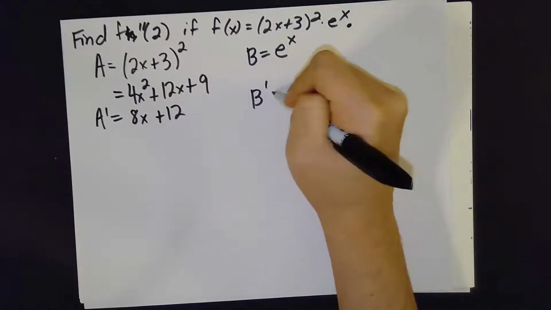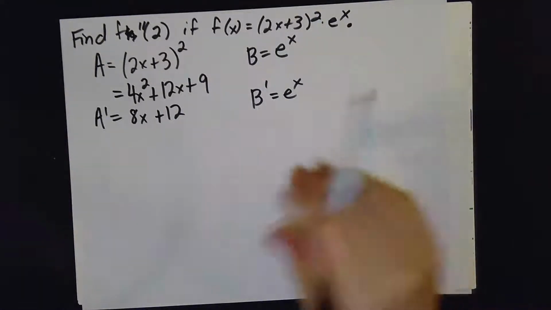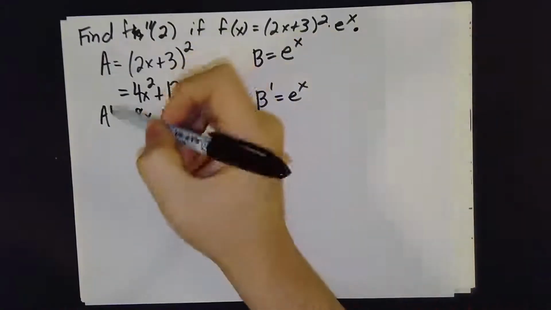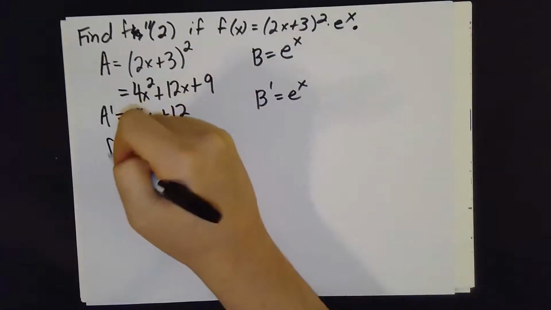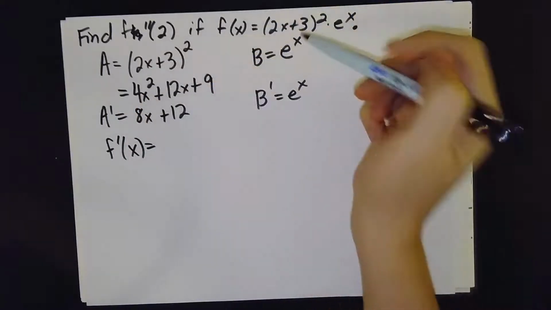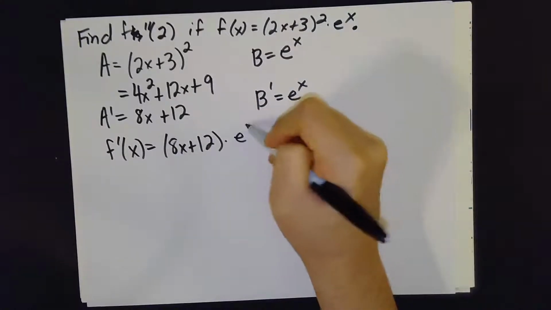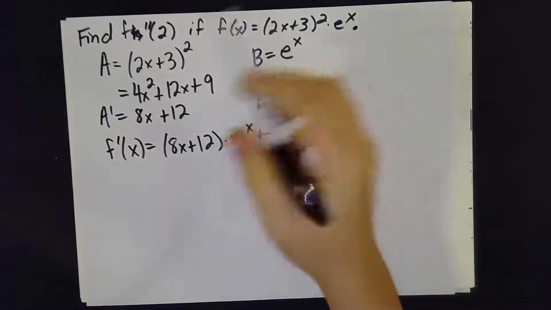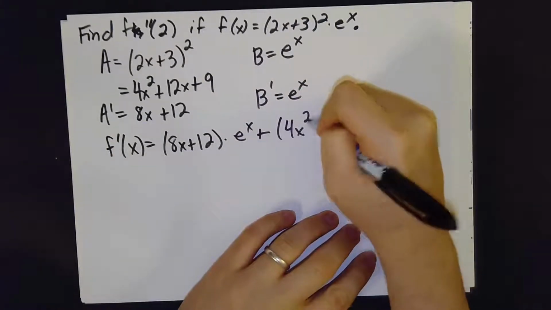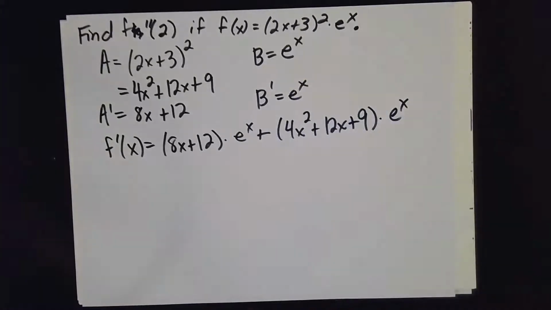B prime is e to the x. And so if I go ahead and write down the first derivative, it's A prime B, so 8x plus 12 times e to the x, plus AB prime, so plus 4x squared plus 12x plus 9 times e to the x.